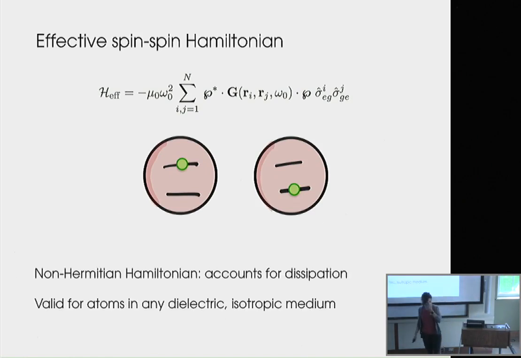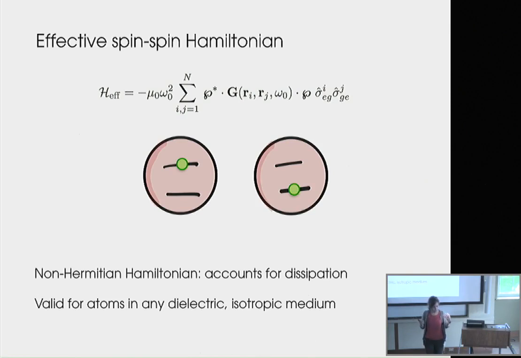So a couple of words about this. The first thing is that this Hamiltonian is not Hermitian because it describes dissipative processes where basically a photon is emitted and travels to infinity and you never get this energy back. And the second thing is that this is a very general prescription because it's valid for atoms close or embedded in any kind of dielectric, linear, reciprocal medium.